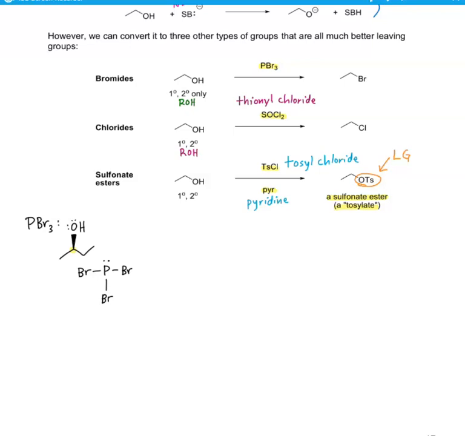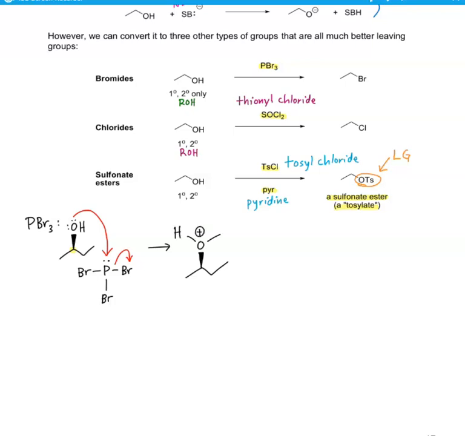And so when you combine the alcohol with PBr3, the alcohol is going to attack the phosphorus and kick out one of the bromines. So that itself is an SN2 reaction. Notice that nothing has happened at the carbon that the oxygen is attached to. So the stereochemistry there stays the same.